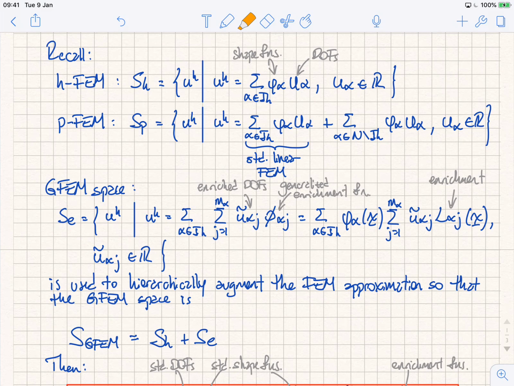So let's look at a very simple example to start this second lecture. We're going to look at a very simple example to see how you actually implement GFEM, right?